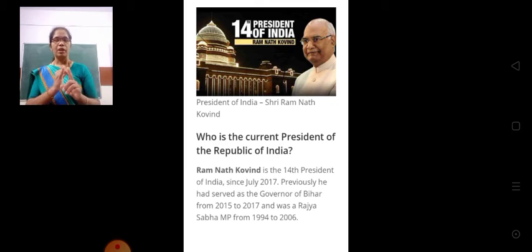The president is the formal head, and then come the vice president, the prime minister, the council of ministers and the cabinet ministers, ministers of state and deputy ministers. This is the hierarchy in the union executive.